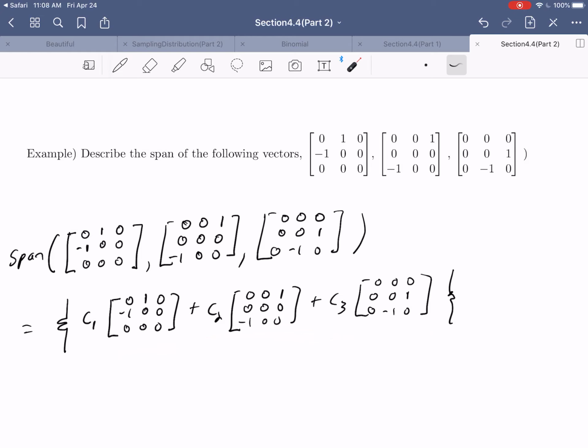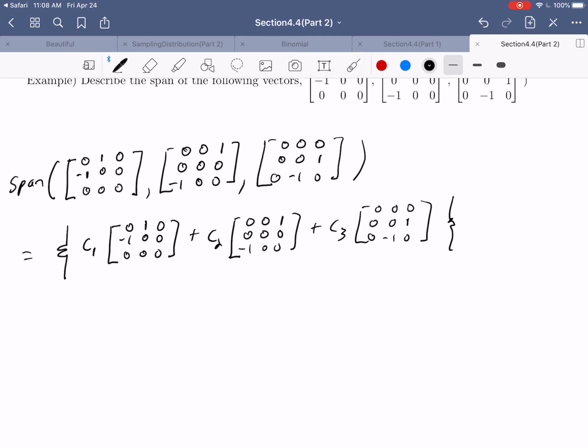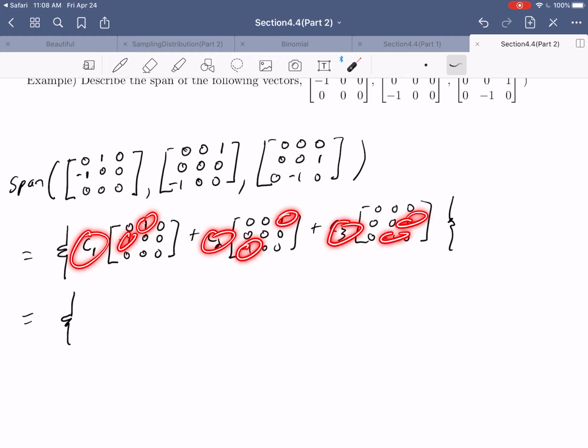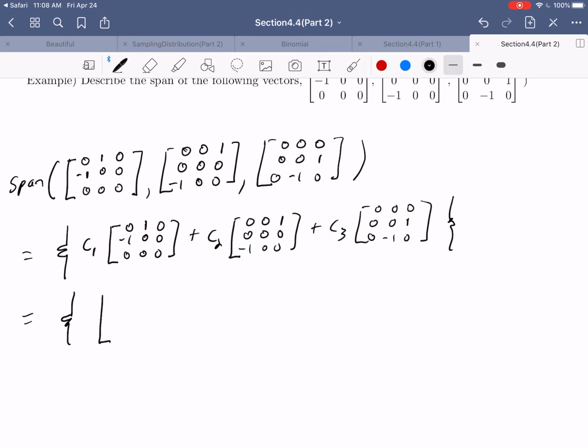Now, I think we've done enough work with matrices that we should be able to very quickly put together what these look like, right? This C1 goes here and here, C2 goes here and here, C3 goes here and here, and if we combine all that together, we get the 3 by 3 matrix [0, C1, C2; -C1, 0, C3; -C2, -C3, 0].